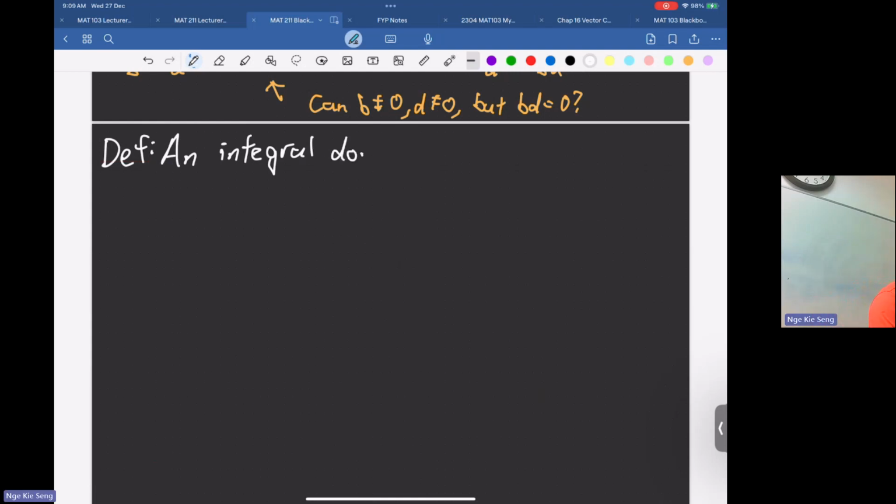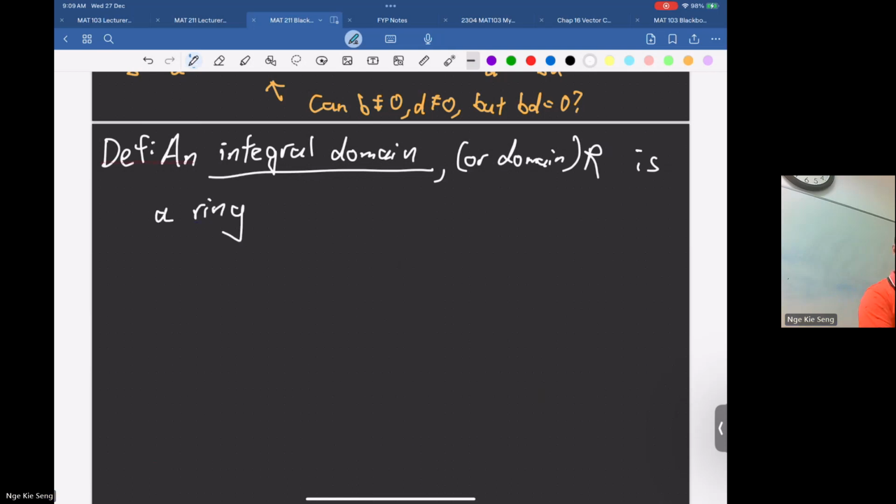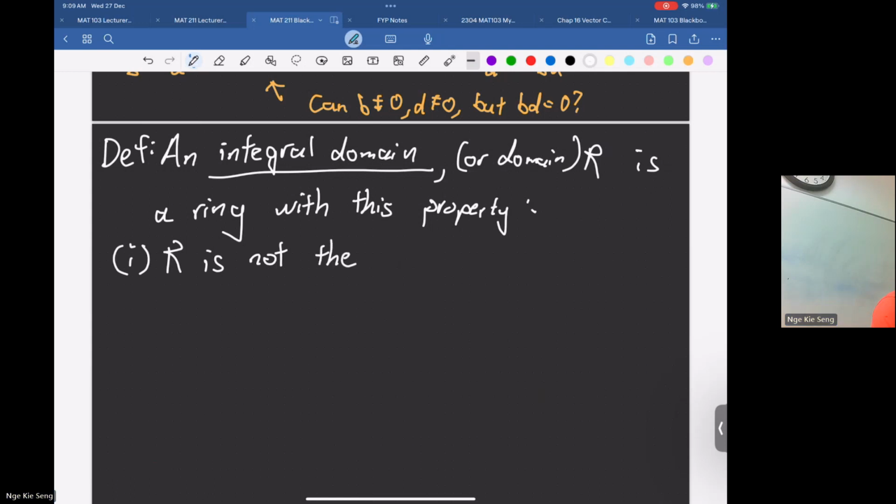An integral domain R, or sometimes we just call it a domain, is a ring with the following property. First of all, we don't want it to be a zero ring. It must be something non-trivial. This is not a zero ring.